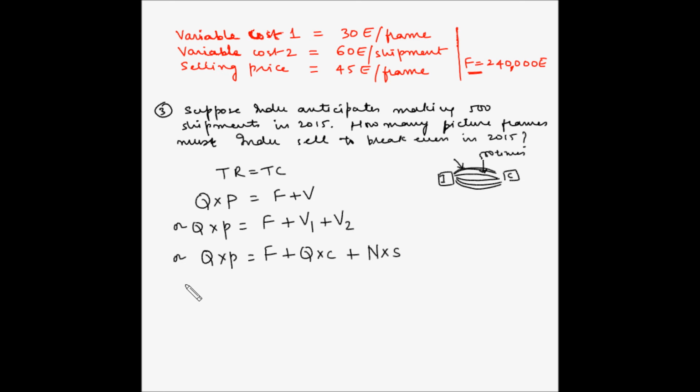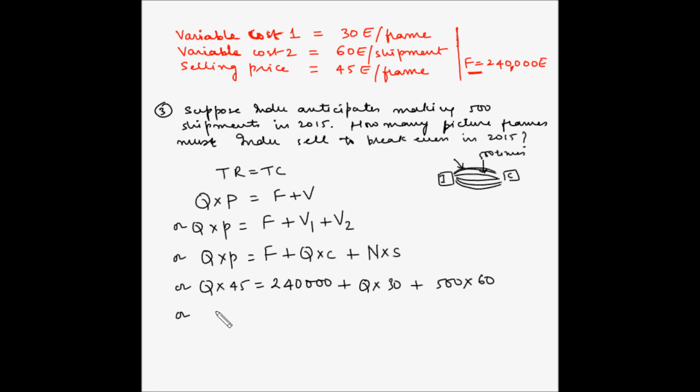Now let's substitute the values. So Q is the variable and P is 45, F is 240,000, Q again is the variable, C is 30, N is the number of shipments, which is 500, and S is the cost per shipment, which is 60.